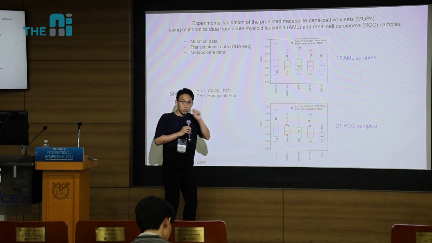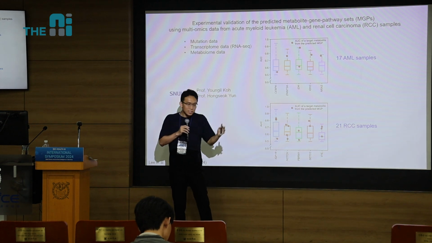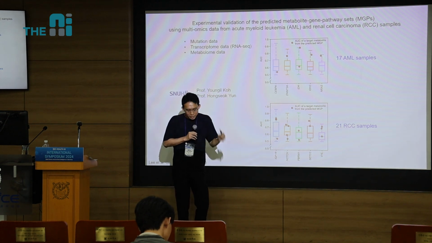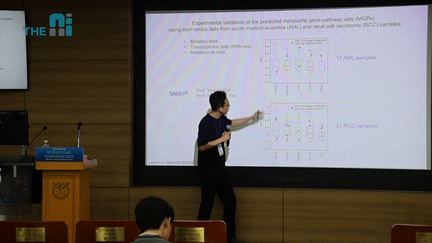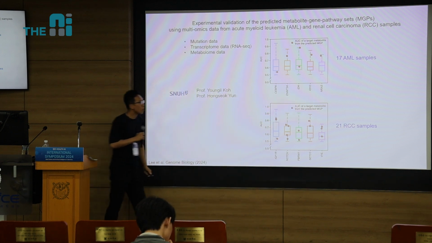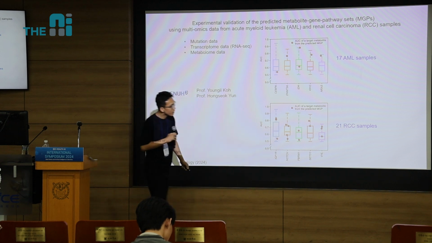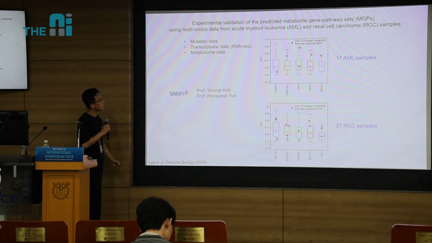In other words, they have drastically different concentrations inside the cell depending on the presence or absence of mutation in each of these genes. And a similar observation was made for the samples coming from the kidney cancer patients.